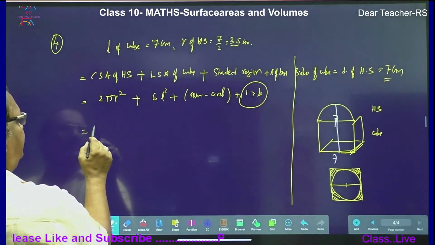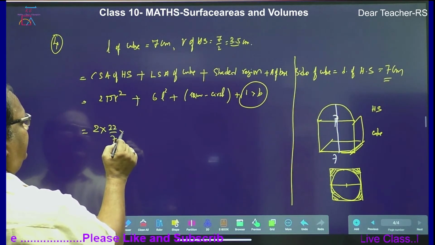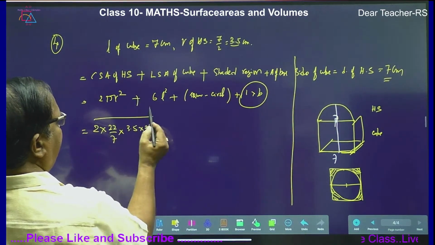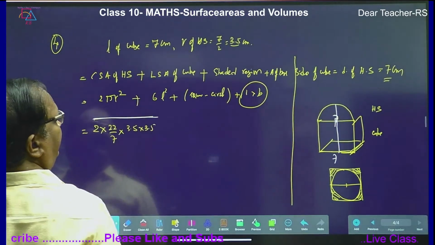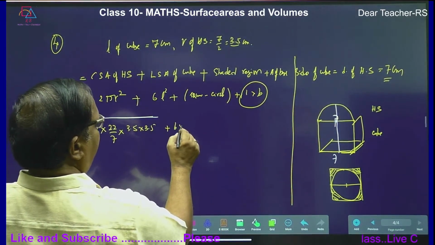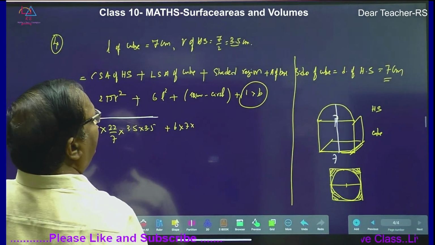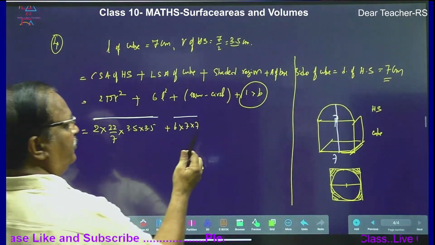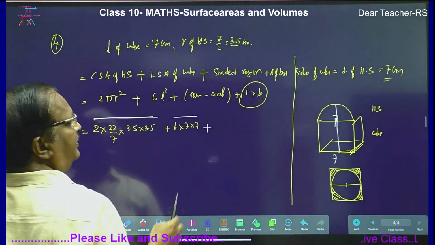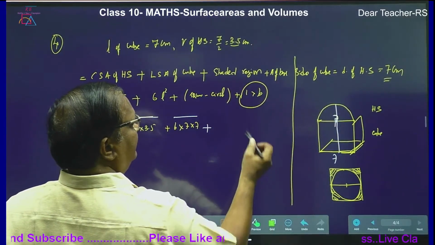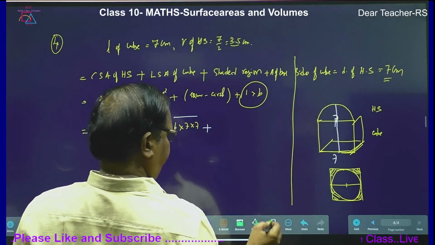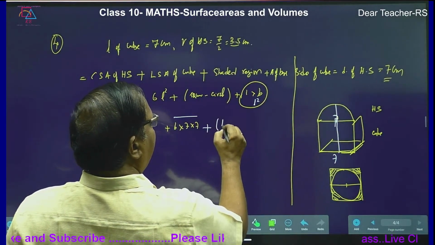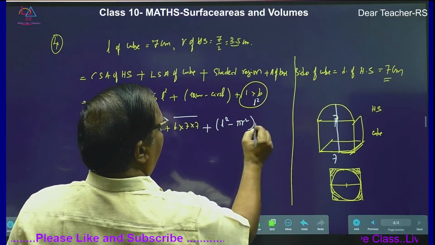So now substitute: 2 into 22 by 7 into radius, 3.5 into 3.5, this is hemisphere. 6 into 7 into 7, this is the lateral surface area of the cube. And the square, this is L square only, so it will become L square. So L square minus pi r square plus L square.